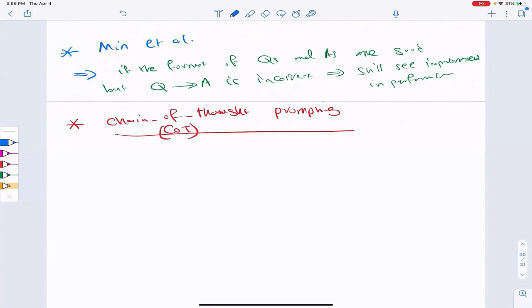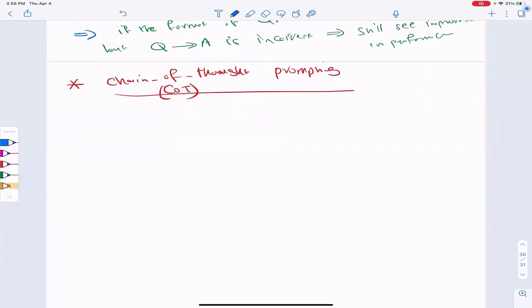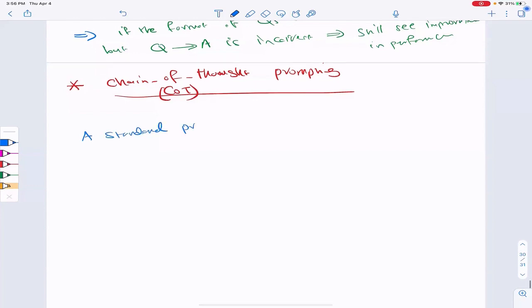So in standard prompting, we usually have, let's say, a question as an input to the model. And then, as I mentioned, we have some demonstration examples saying that, okay, here is another question.